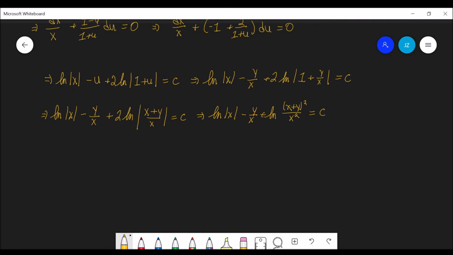We can once again use laws of logs. We can write this as negative y over x plus the natural log of (x plus y) squared over x is equal to c.